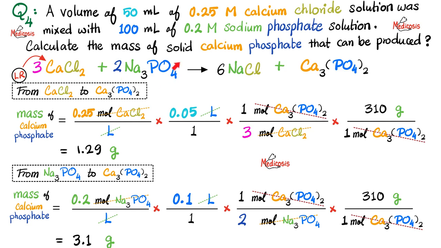Then you start with the second reactant and aim at the same product and find your answer, and you're going to choose the lesser of two evils. And this will be the limiting reactant. If this was ideal stoichiometry and I will not run out of anything, I will produce 3.1 grams. But because life doesn't always give you what you want, hashtag limiting reactant stoichiometry, this is what you get. And 1.29 grams of calcium phosphate is the final answer.